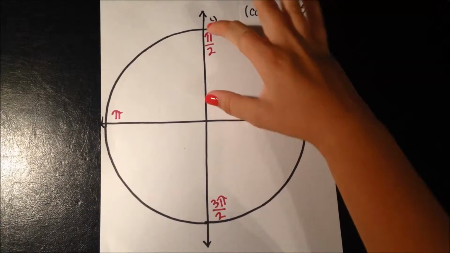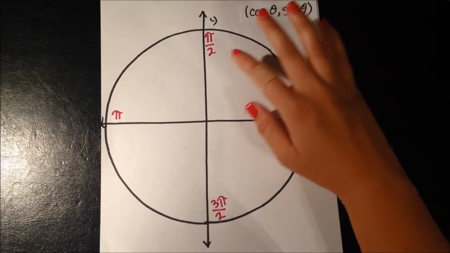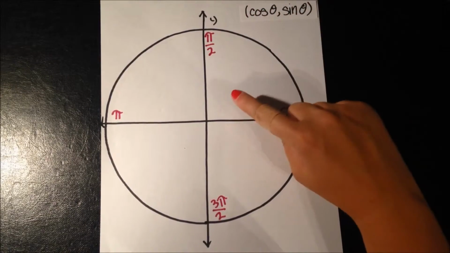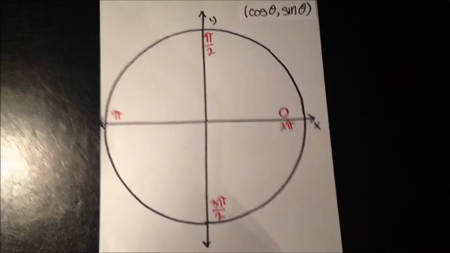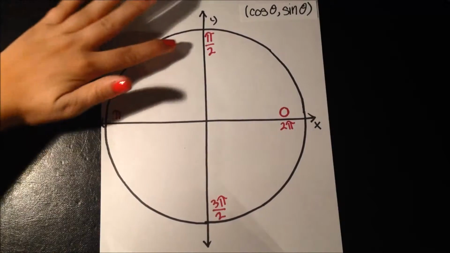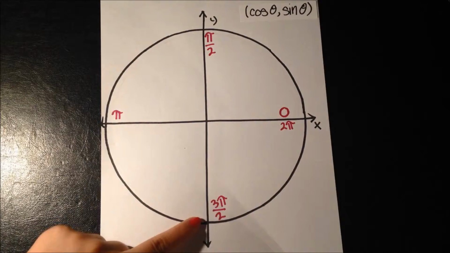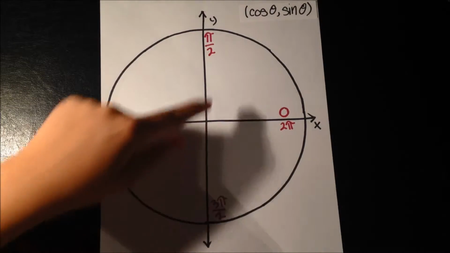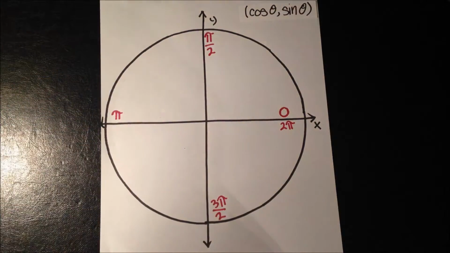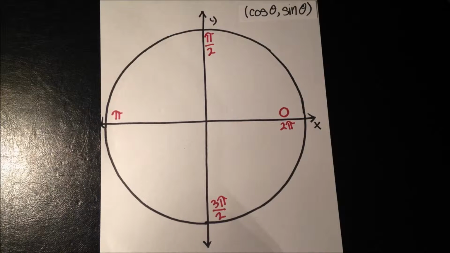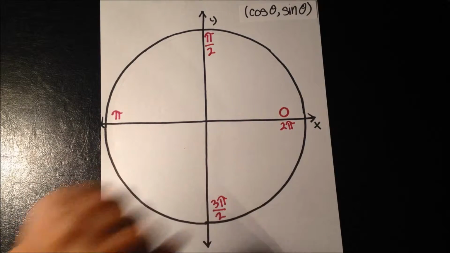So if we look at this quarter of the circle, it's saying that it's half of pi, which it is. And so if this one is half of pi, then it would make sense that this one is 3 pi over 2 because there's 3 quarters so far. And all of this adds back up to 2 pi.